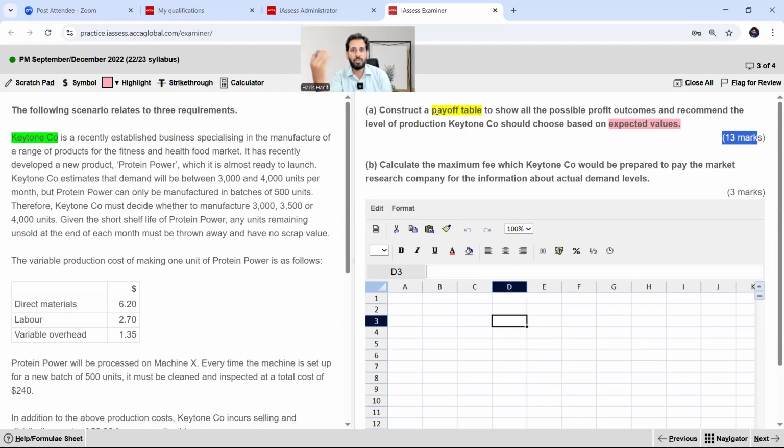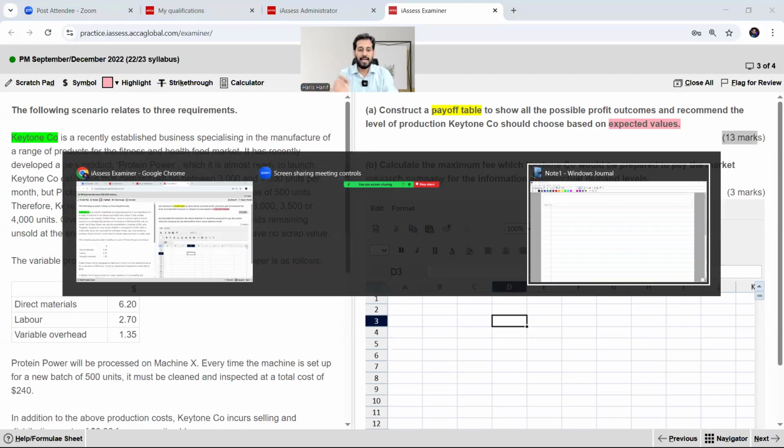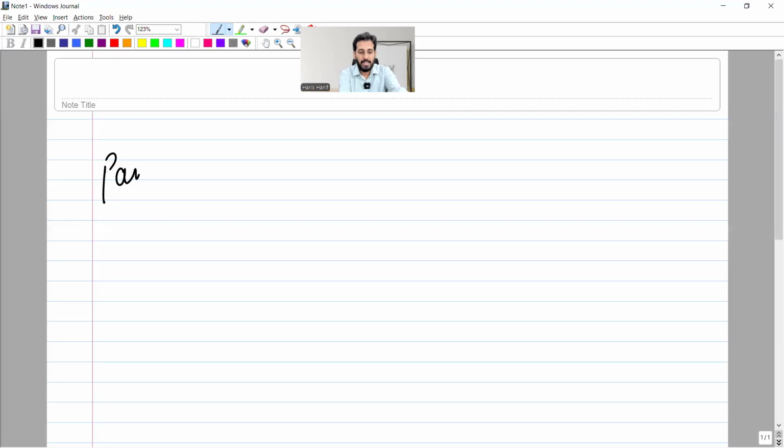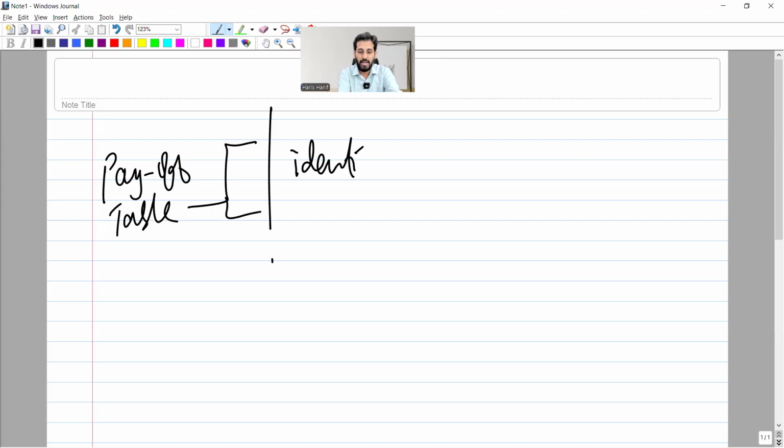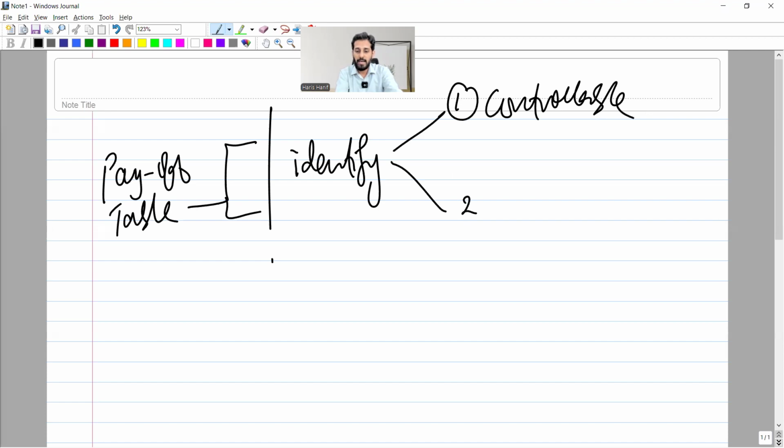So what I have taught you in the regular class is that whenever you are supposed to construct a payoff table, it is very much a simple point. Whenever you are drawing the payoff table, you should identify first. What you should identify: number one, controllable factor, and number two, uncontrollable factor.